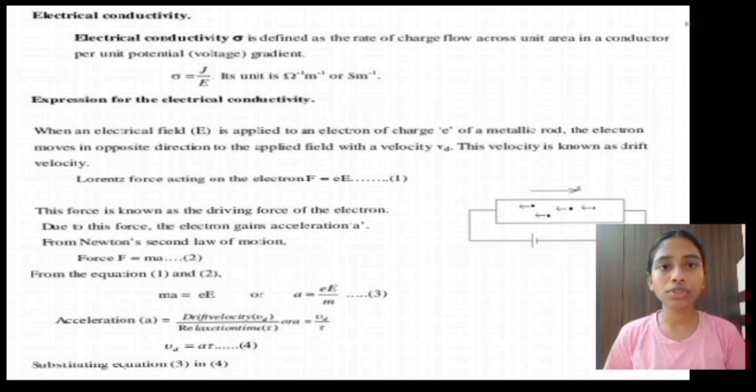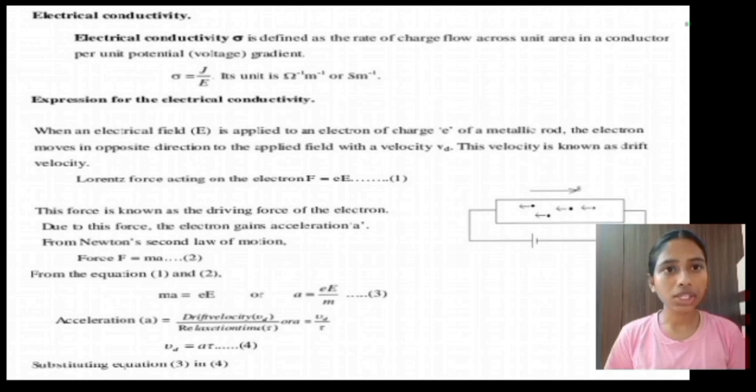From Newton's second law of motion, force is equal to ma, which we will take as equation 2. From equations 1 and 2, we get ma equals eE, or a equals eE divided by m, which we will take as equation 3.